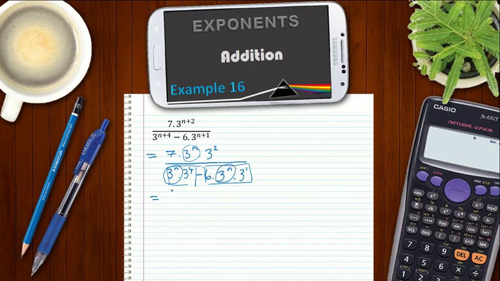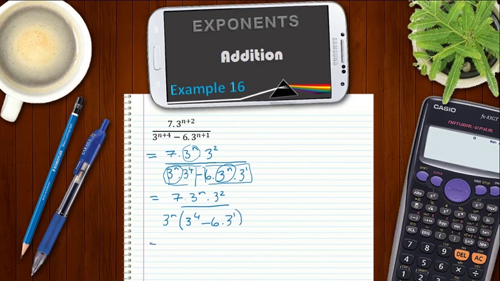If we do that, we have 7, we can just copy the top part, times 3 to the power of n times 3 to the power of 2 over, so the 3 to the power of n gets factored out. What's left is 3 to the power of 4 minus 6 times 3 to the power of 1.